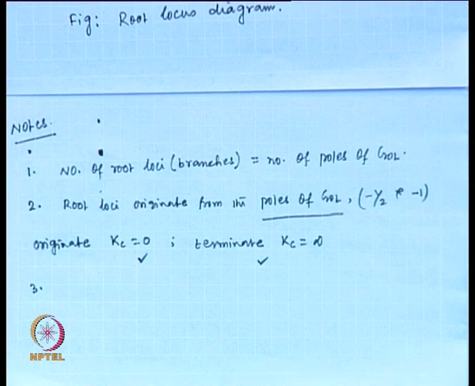What about the stability? Is there any crossing of root loci from left side to right side? No. If you see the root locus diagram, it is clear that there is no crossing of root loci from left side to right side. That means the closed loop system is stable irrespective of Kc value.